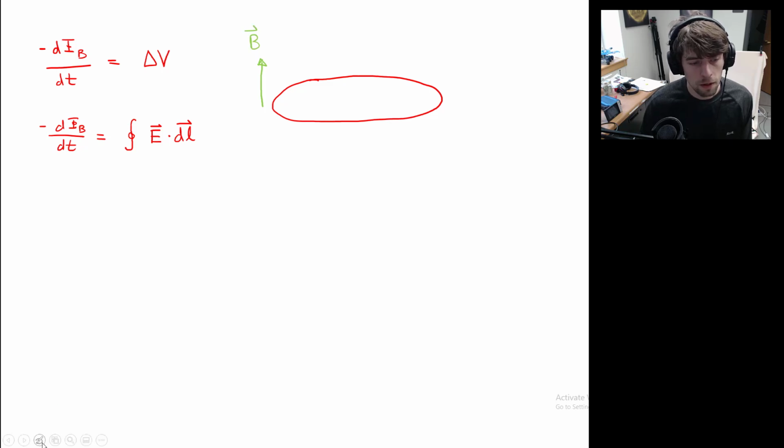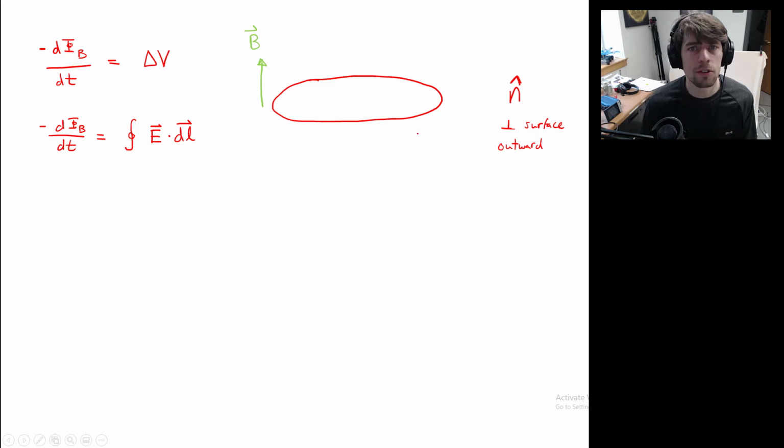Now, one of the things is when we look at the flux, you notice that we have an n hat. Generally, I've said that n hat has to be perpendicular to the surface. And in the context of Gauss's law for the electric field, we said that it had to be outward, in other words, away from the interior of the volume.